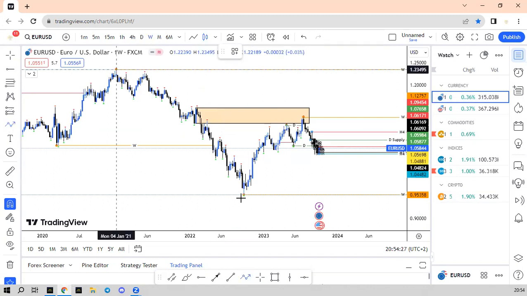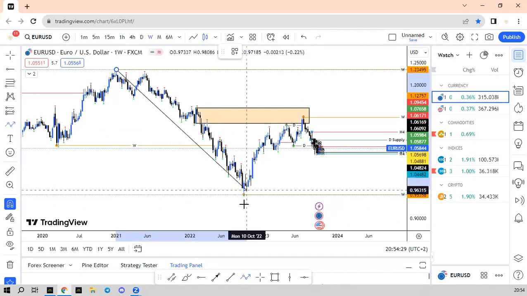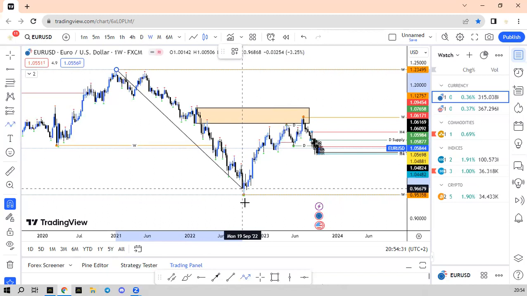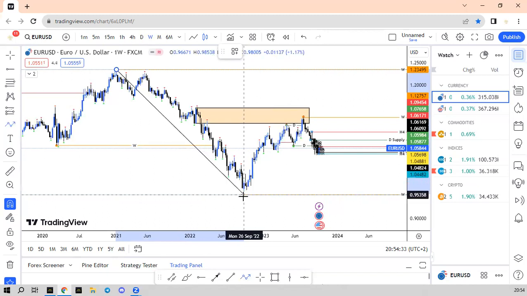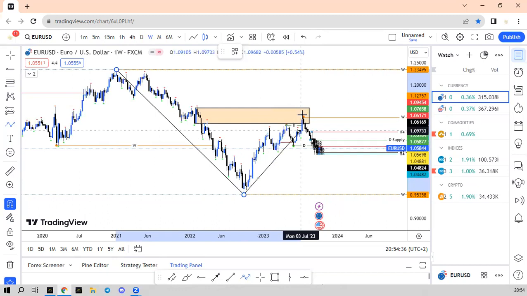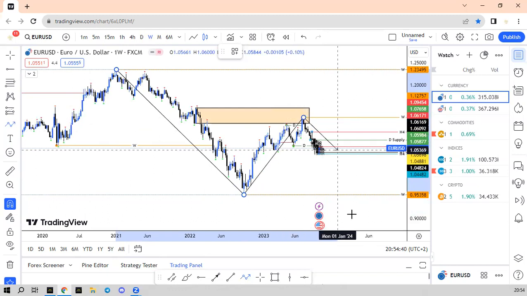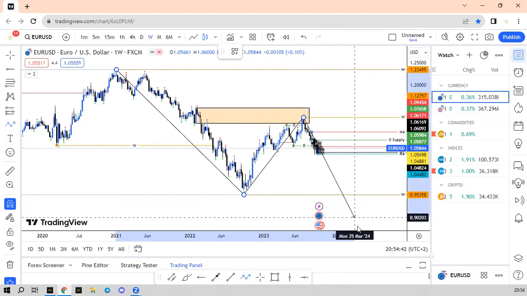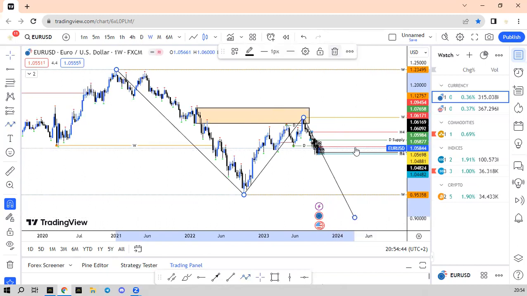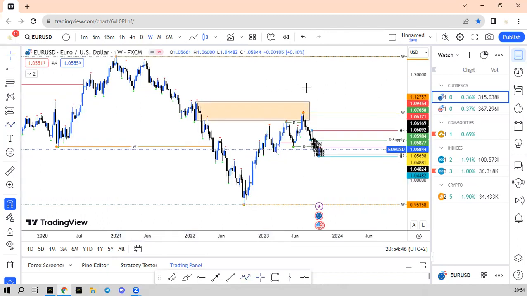This being the high, created the low here, created the low here, then it gave a retracement. So we expect the market to further push down to create a new lower low.